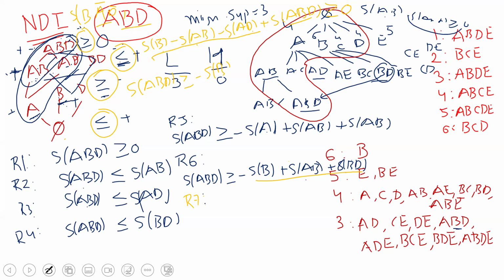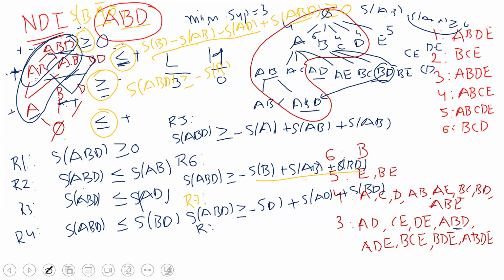So now I'm writing for D. That means S of ABD is greater than or equal to minus S of D plus S of AD plus S of BD. That is what rule 7 is.